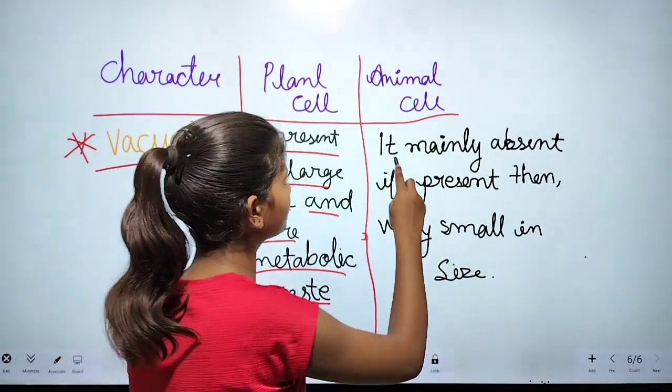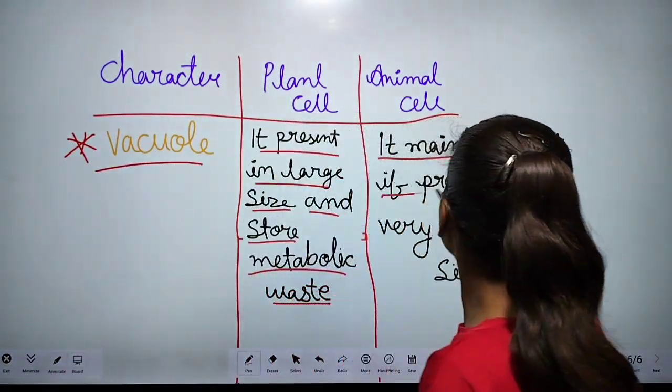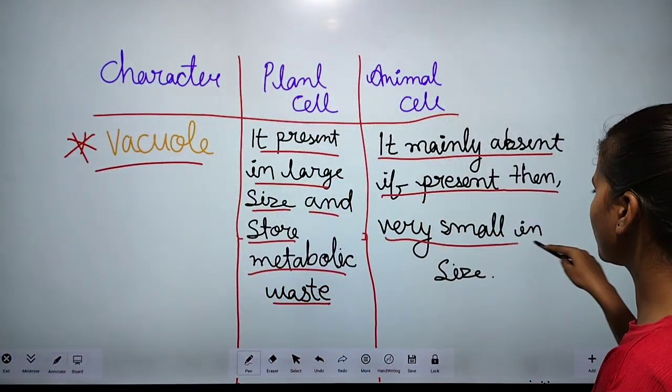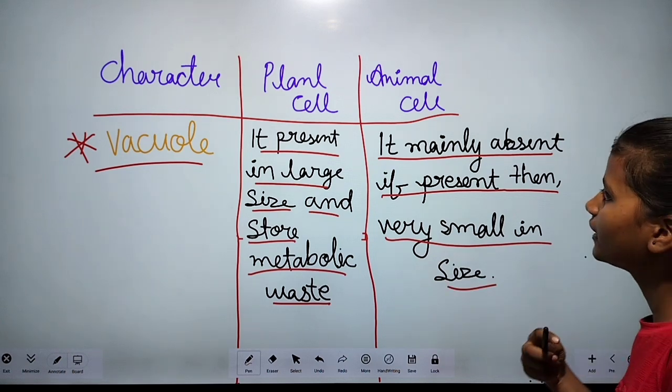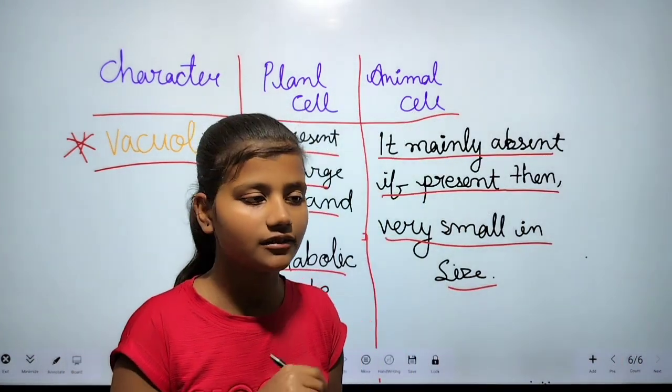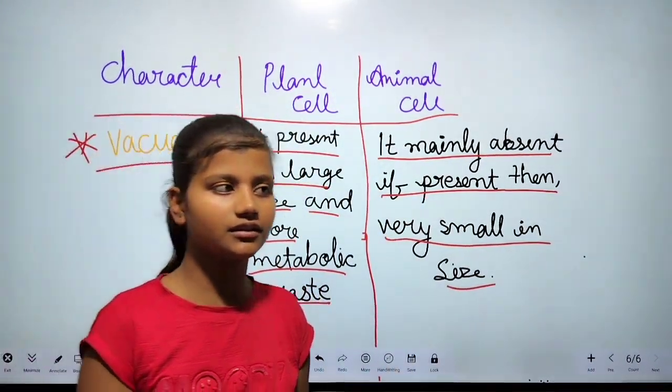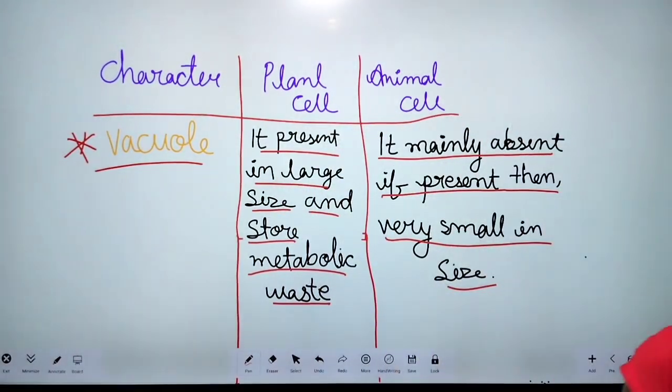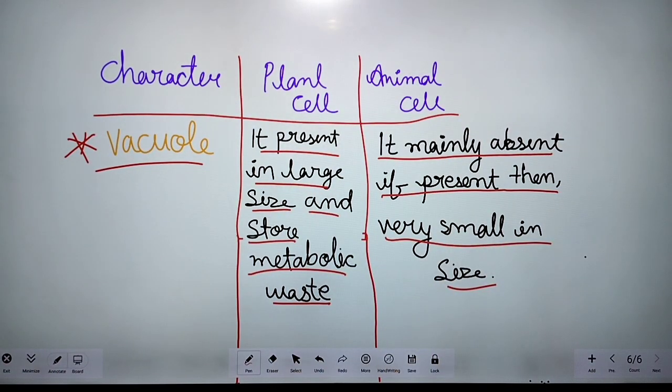But in animal cell, it is mainly absent. If present, then very small in size. In animal cell, vacuole is mainly absent, but in rare cases you see that vacuole is present.